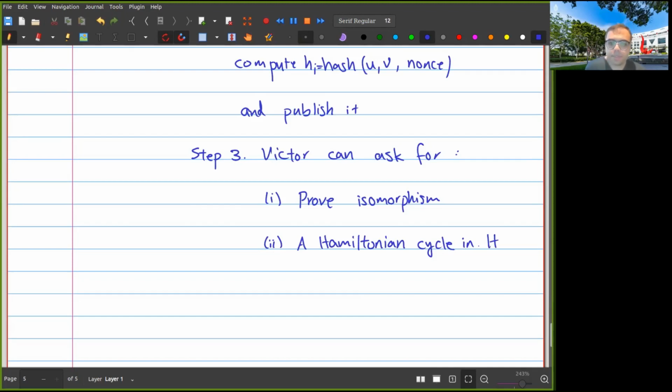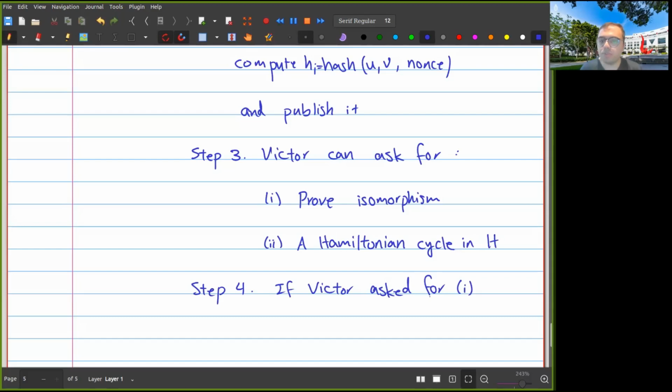Now, if he asks me to prove the isomorphism, in step 4, as Peggy, if Victor asked for 1, I'm going to open all of the commitments.